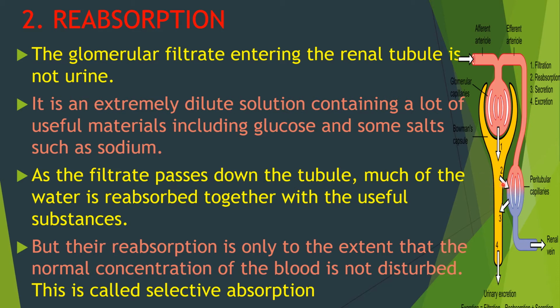As the filtrate passes down the tubule, much of the water is reabsorbed together with useful substances like glucose and salts into the capillaries, the secondary capillaries called vasa recta. These vasa recta surround the kidney tubule.